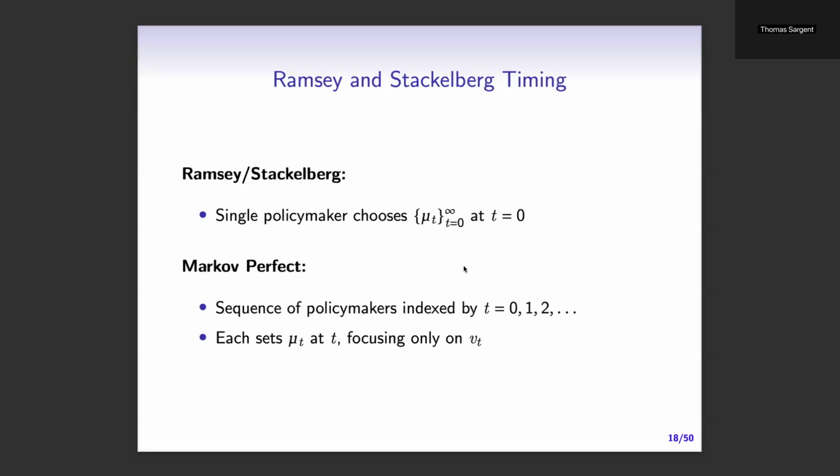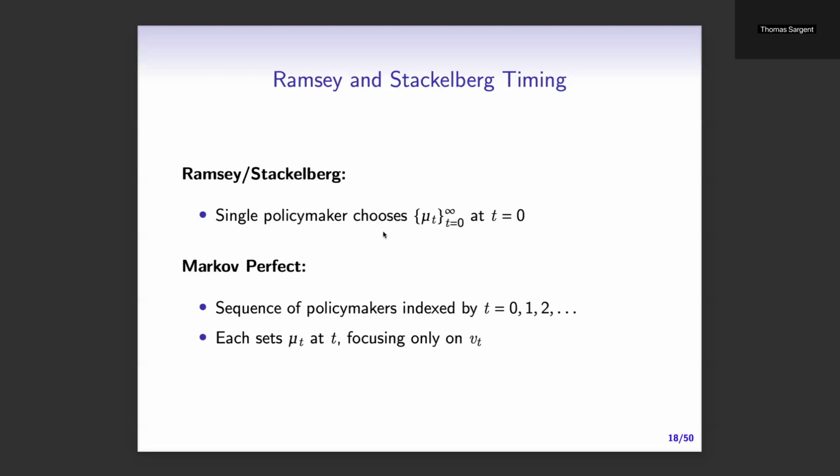Now, this is worth thinking about, because when I Bellmanized the Ramsey problem last time, and I had a Ramsey planner and a continuation Ramsey planner, you could say, wait a minute, did I really have a single policymaker? And I want to claim, yes, I did.